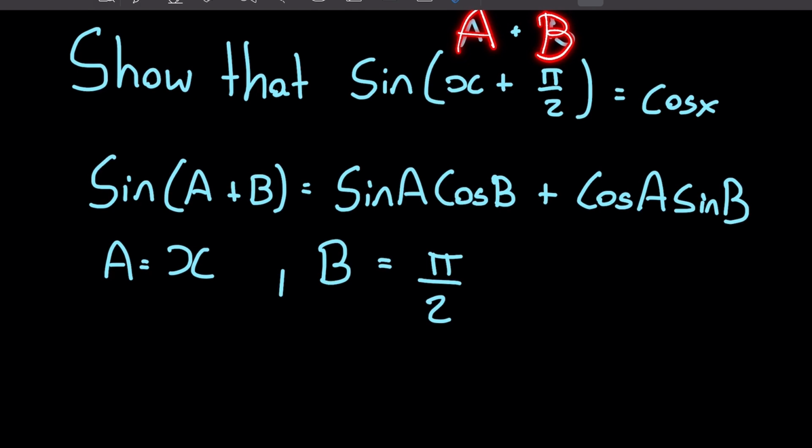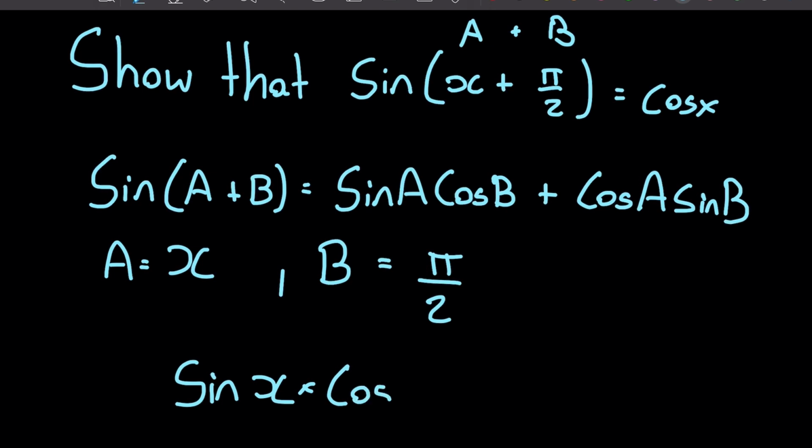Now let's actually substitute our values. If a is equal to x and pi over 2 is equal to b, we'll have sine x multiplied by cos of pi over 2, and then plus cos x times sine of pi over 2.